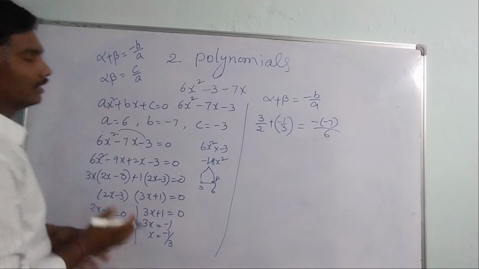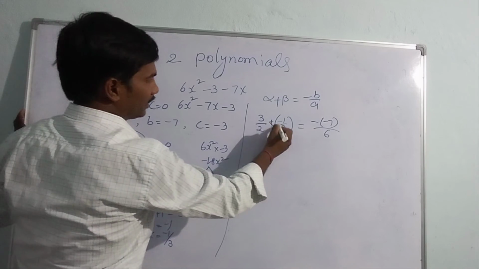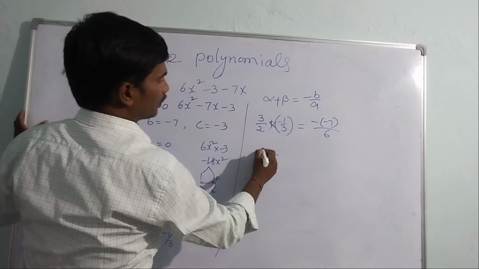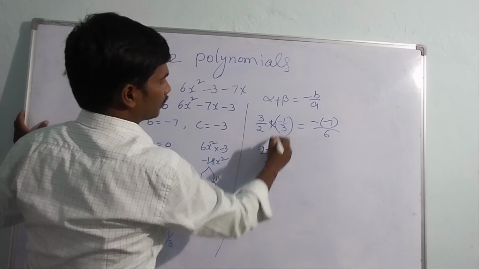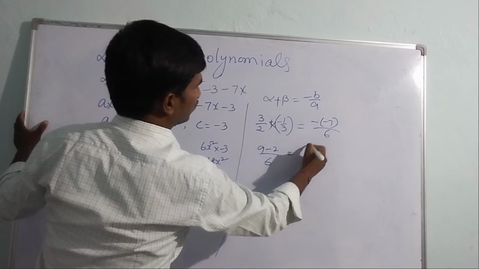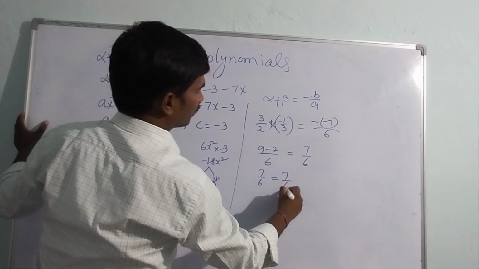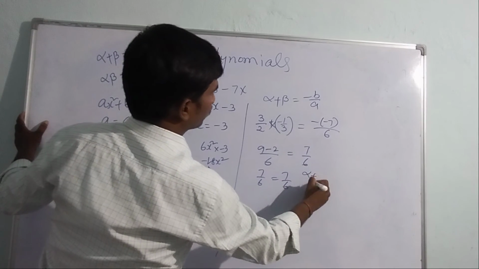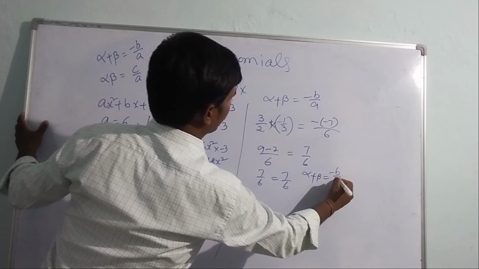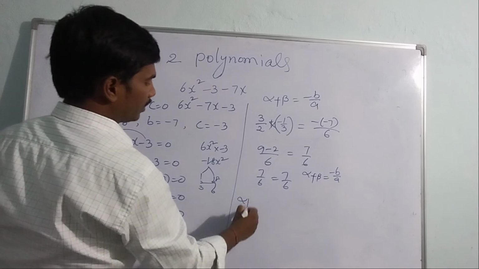Now LCM is 6. 3 3s are 9 minus 2 1s are 2 is equal to minus into minus 7, plus 7 by 6. Here 7 by 6 is equal to 7 by 6. Yes, alpha plus beta is equal to minus b by a, verified.